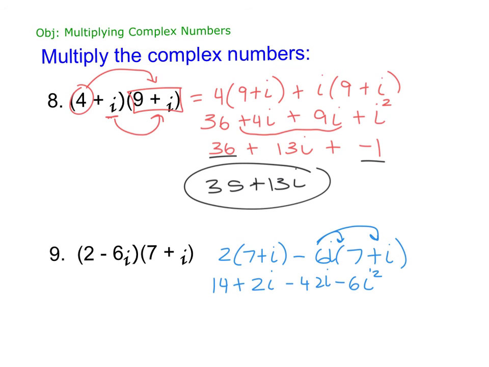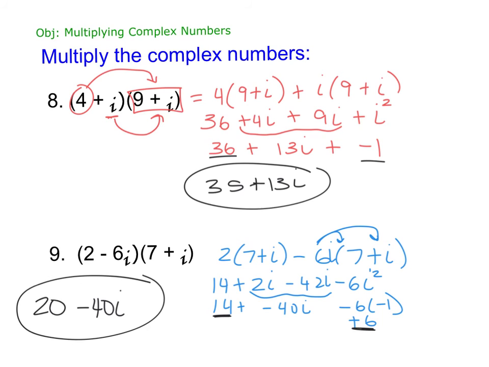So that was negative 42i and then negative 6i squared. So 14. Put these two together, and that gives me negative 40i. And then over here, I have minus 6 times negative 1, which gives me a positive 6. So then I'm going to combine the 14 and the 6, and that gives me 20 minus 40i. And that's my answer.